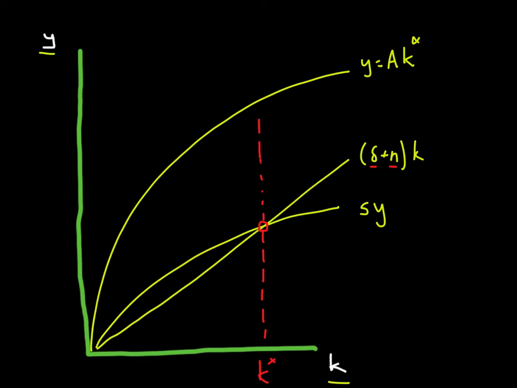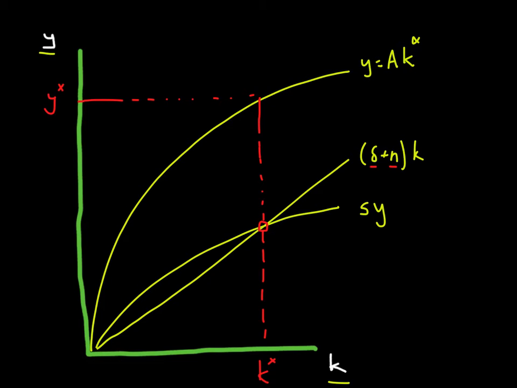From that steady state we can derive our output per person, which is really what we are interested in here. And that's it. This is what our output per worker would be in steady state in the long run.